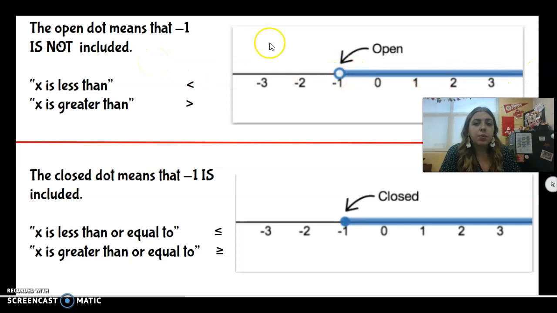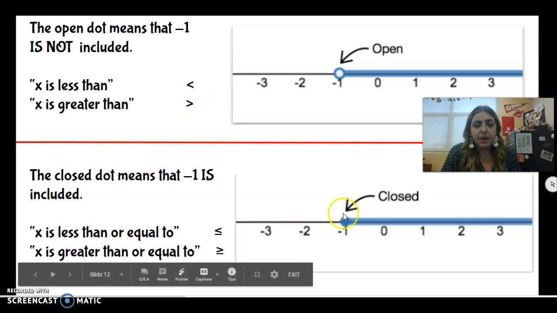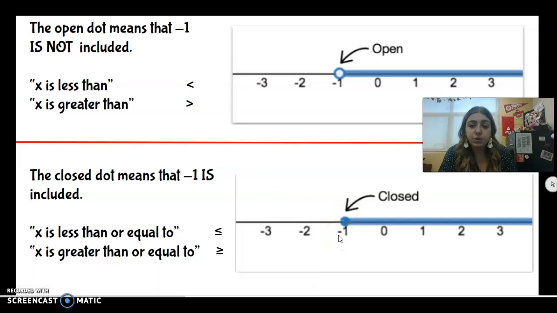Okay, so we use an open dot when we say x is less than or x is greater than, and these are the symbols for that. X is less than, because we read it left to right, and then x is greater than blank. This closed dot means that negative 1 is included. So negative 1 is part of the solution to some inequality.